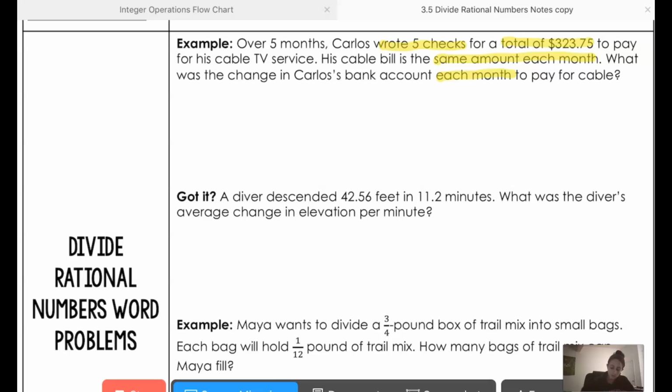So they gave us a total, and I'm looking for each month. So I'm going to divide, and since he wrote checks, he's spending the money. It's going to be negative $323.75 divided by the 5 months to get how much for each month.